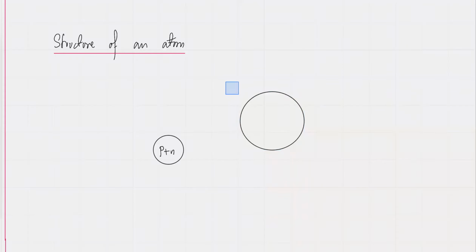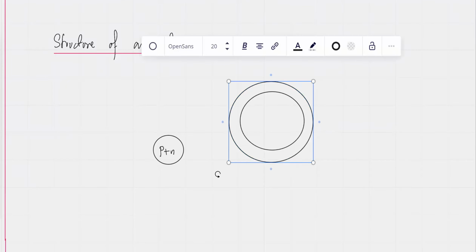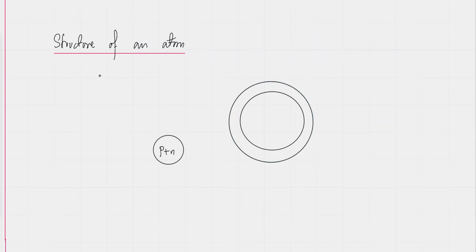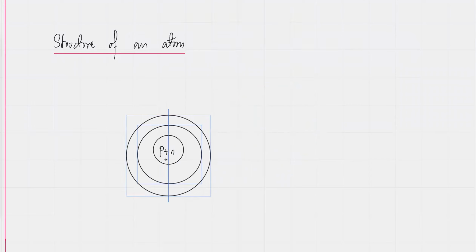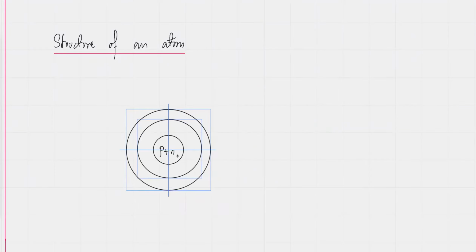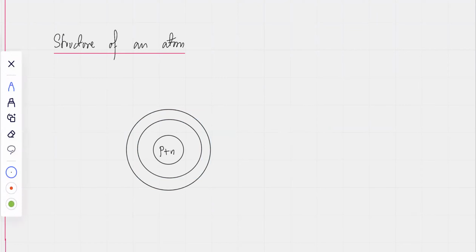So let's say that's shell number one, and let's say another shell. So the electrons are all present in shells around the nucleus.